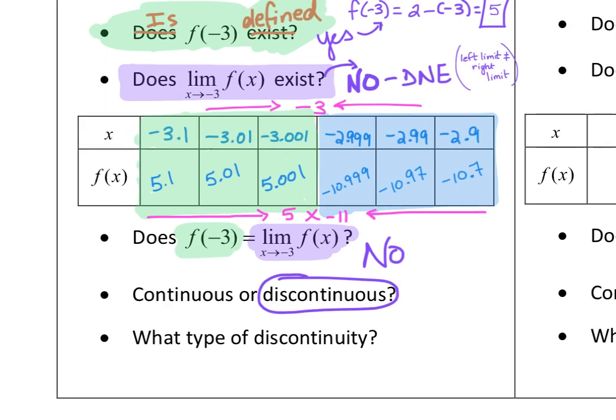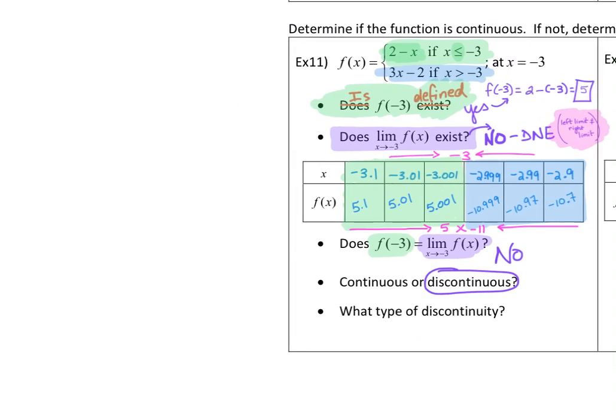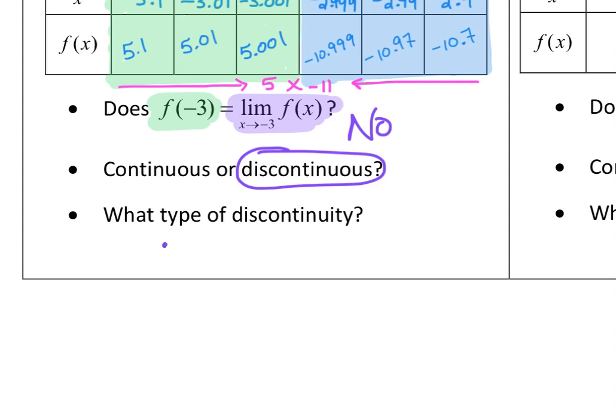But when I ask what type of discontinuity, the fact that you have the left limit not equal to the right limit automatically says that your graph is going to +5 on the left and, what did we say, -11 on the right, and therefore your limits on the left and the right are different. And so that's going to be a jump discontinuity.